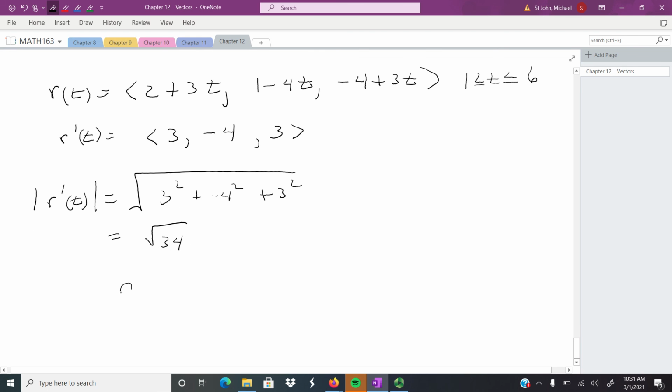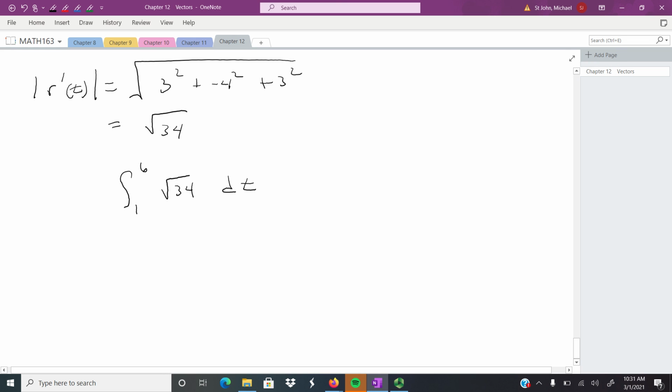And so we want to integrate from 1 to 6 the square root of 34 dt. So this ends up being the square root of 34 times t evaluated from 1 to 6. So this will be 6 square root 34 minus the square root of 34. We end up at 5 square roots of 34.